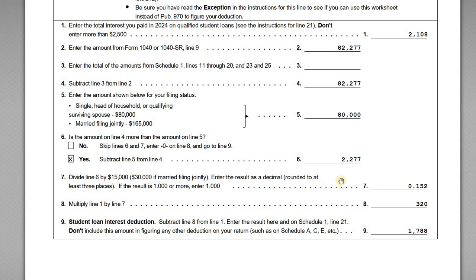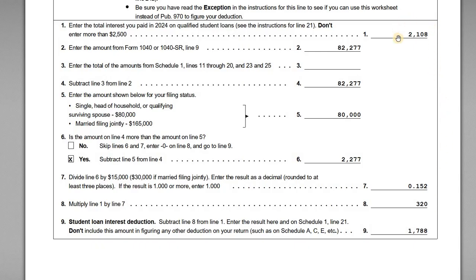$2,277. Divide the line 6 value by 15,000 based on our filing status and enter the result here as a decimal rounded to at least 3 places. All right. If the result is 1 or more, enter 1. So we divide 2,277 by 15,000 and we're left with 0.152. Line 8, multiply line 1 by line 7.